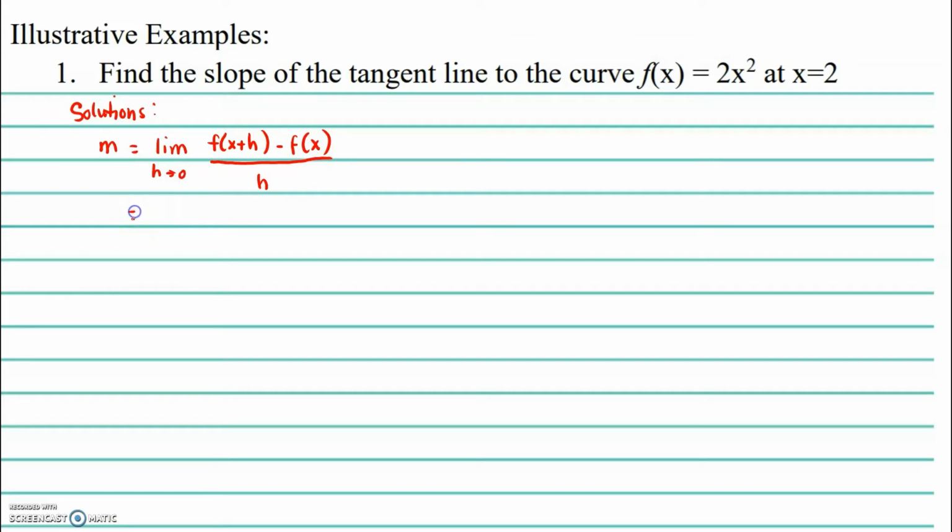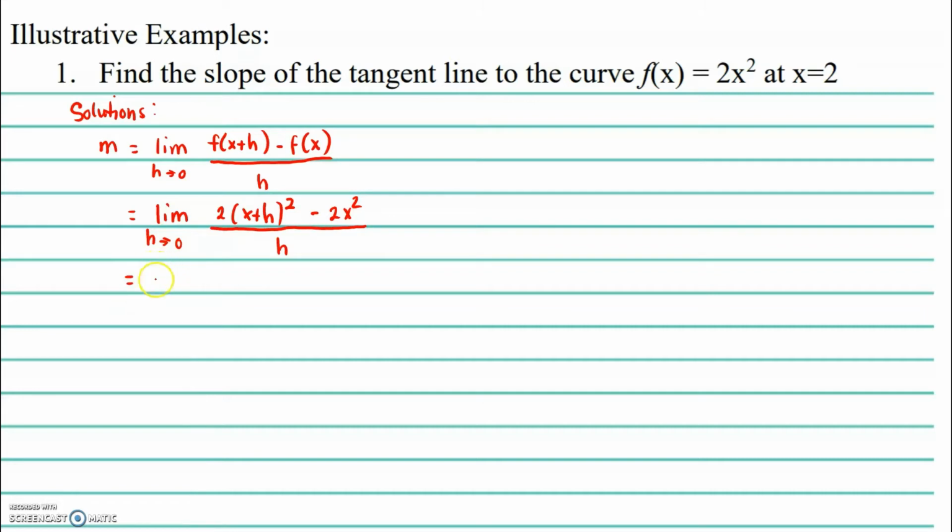Okay, so we have now the limit of 2 times x plus h squared minus 2x squared over h as h approaches 0.